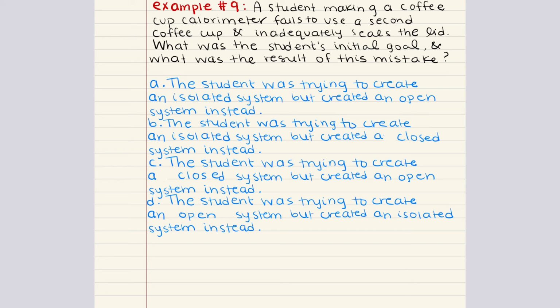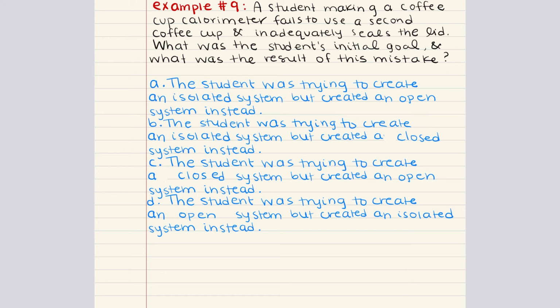B says the student was trying to create an isolated system, but created a closed system instead. C says the student was trying to create a closed system, but created an open system instead. And D says the student was trying to create an open system, but created an isolated system instead.